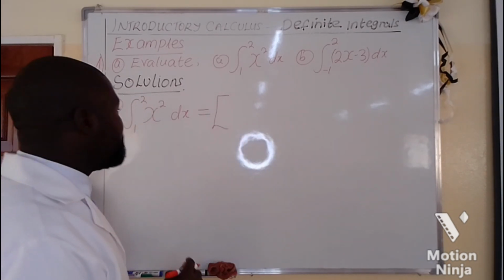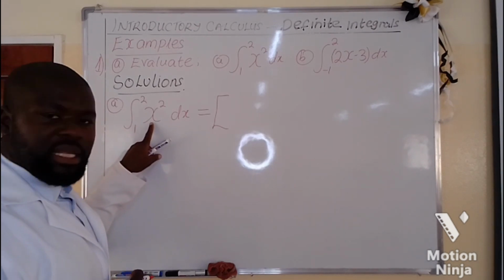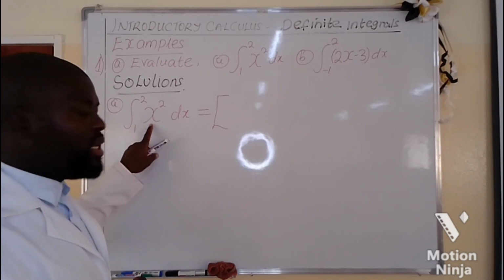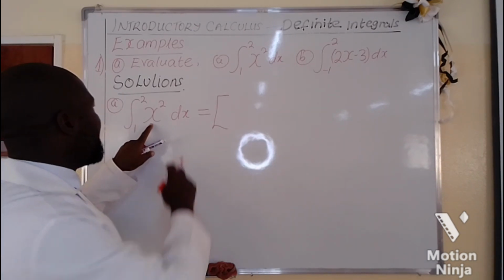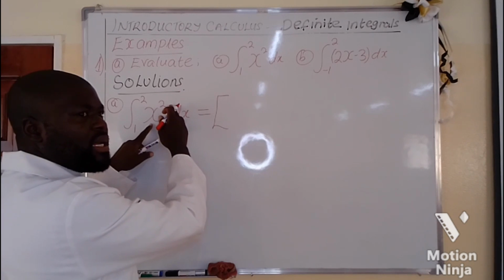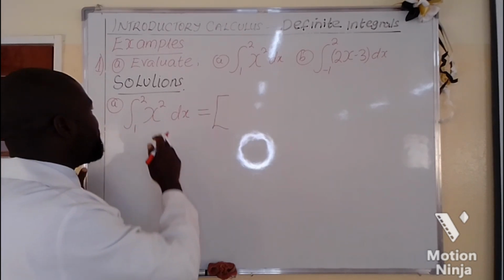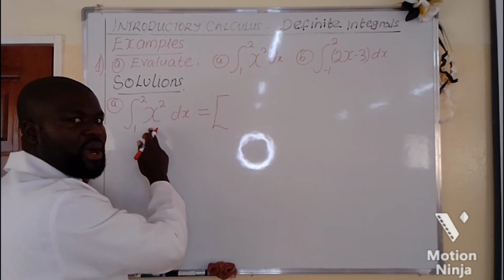So according to the rule, our function x power 2, we integrate it by adding a 1 to the power, then dividing by the new power.